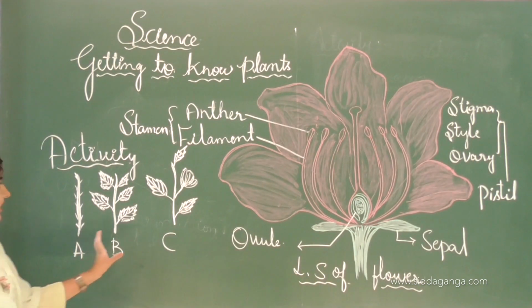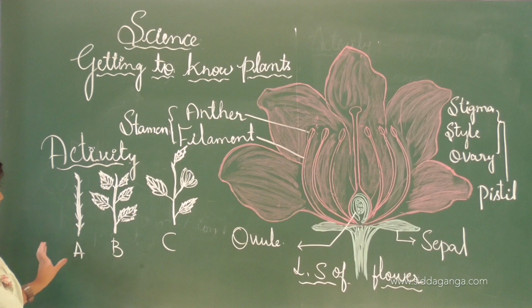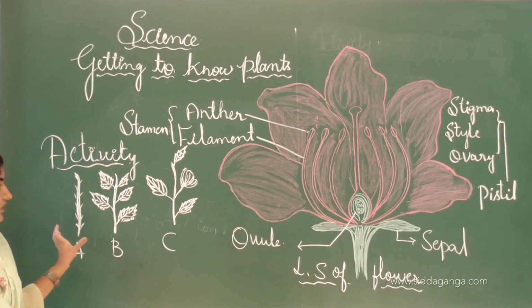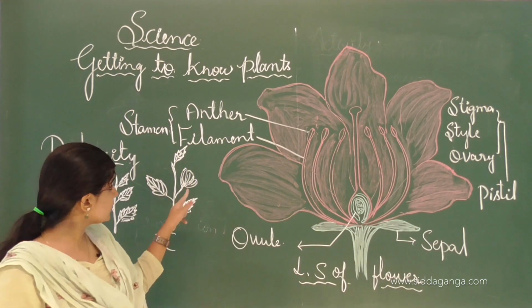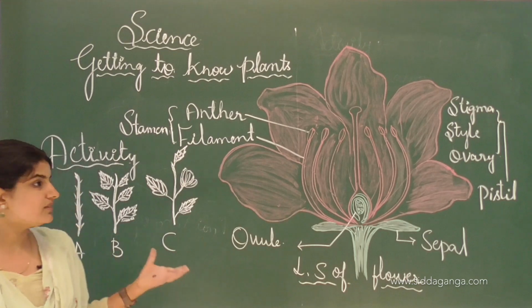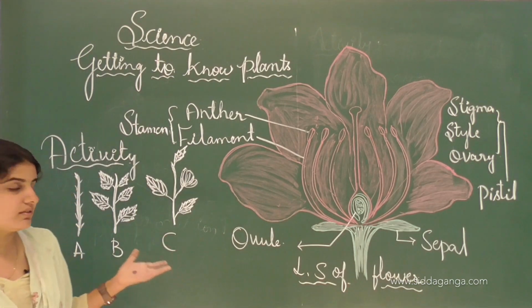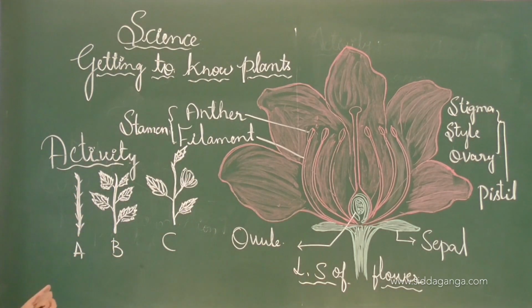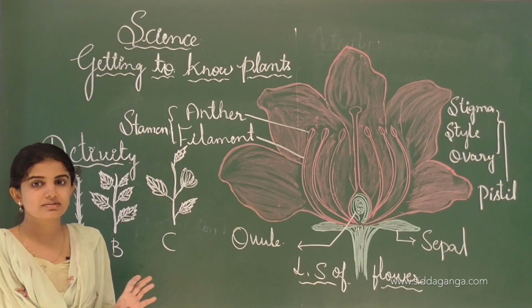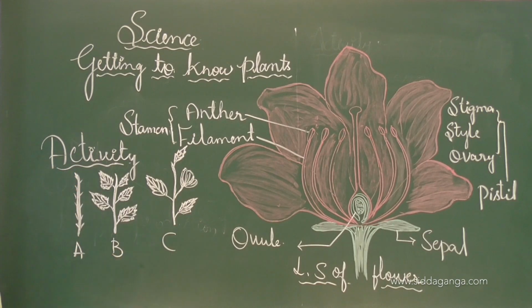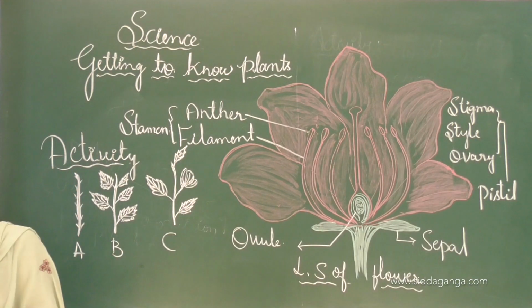In the first two cases, it's very difficult to observe which plant it is, and in the third case, you can easily identify it by looking at the flower. You can say that it is a rose plant. This activity shows that by looking at the flower, plants can be identified very quickly and easily. This is the activity given in your textbook.